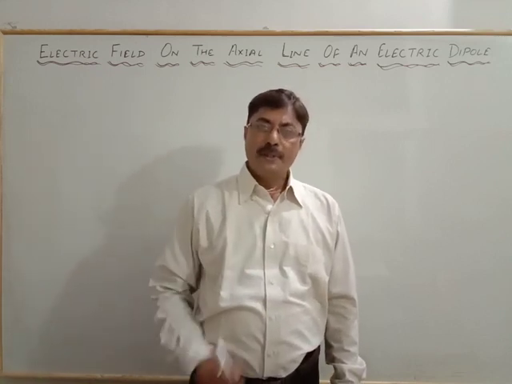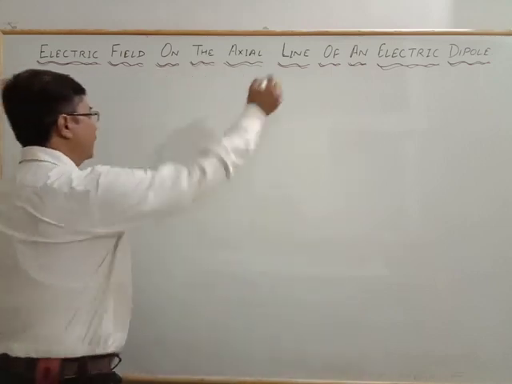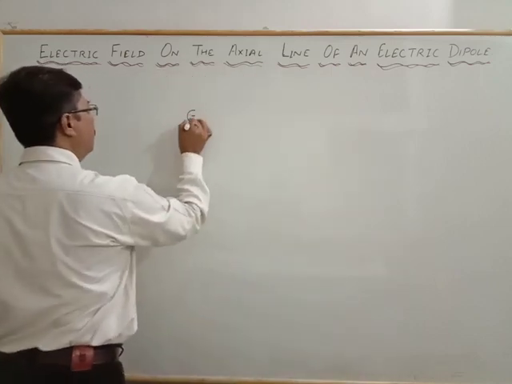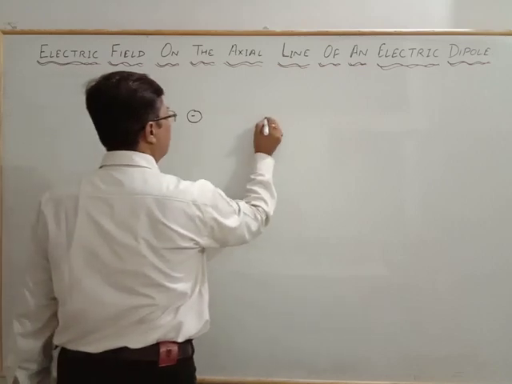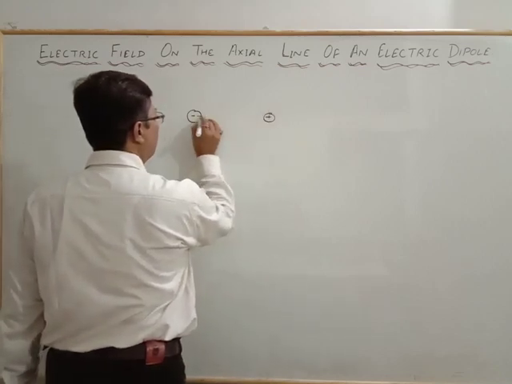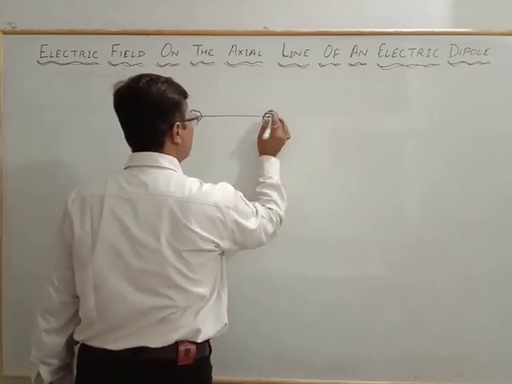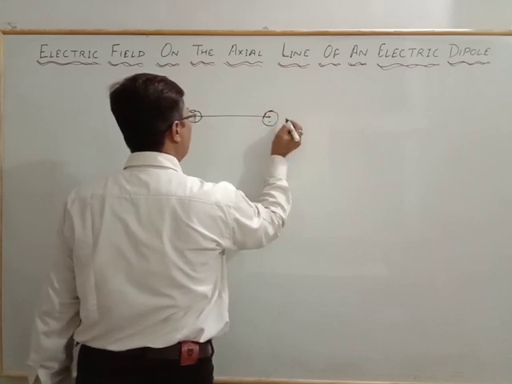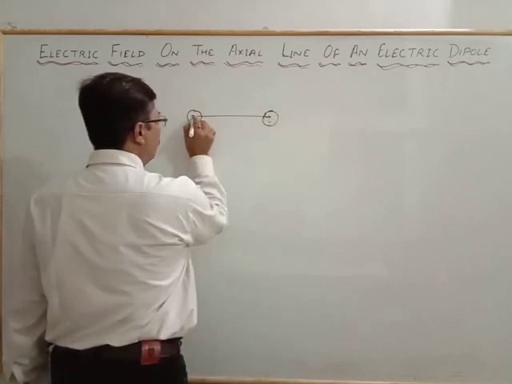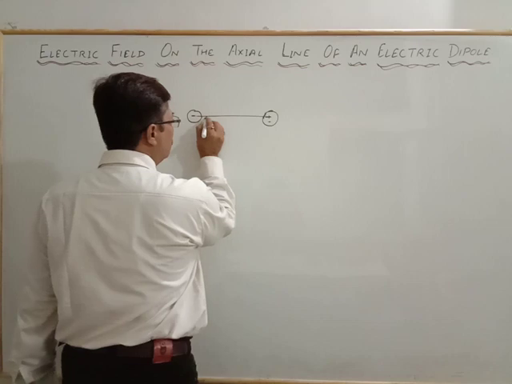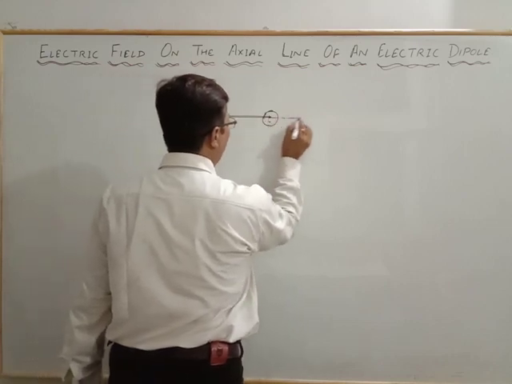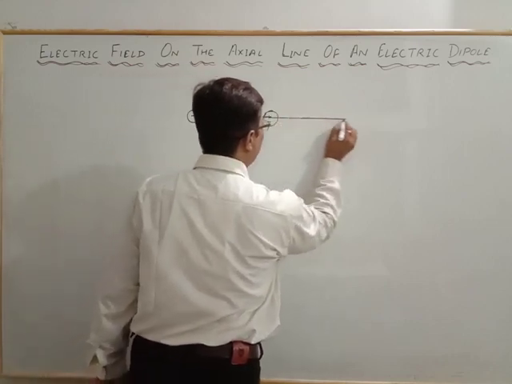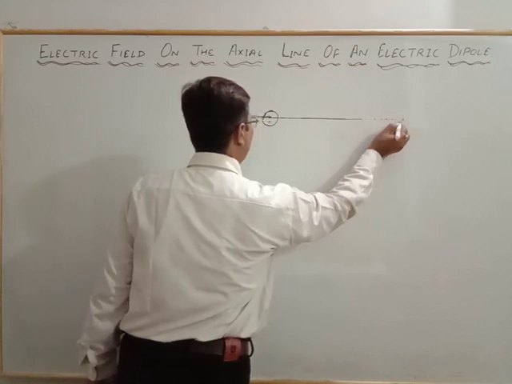Now, just see here, if this is the dipole from negative to positive, this is the dipole. The line from the negative to the positive, on either side, it will move.